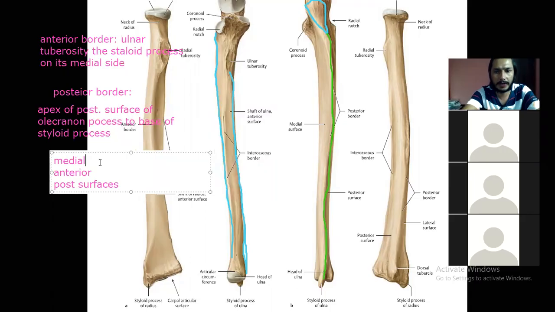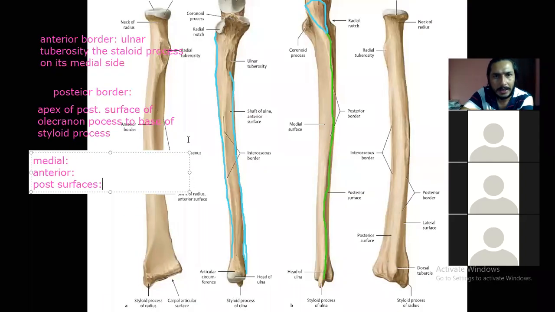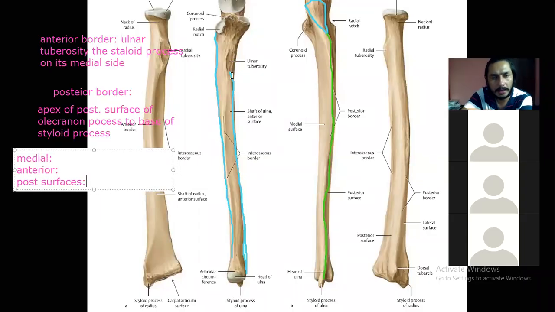Okay, the medial surface, anterior surface, and the posterior surfaces. So the three surfaces and the three borders of the shaft. Now the medial surface lies between the anterior and the posterior border. You can see the anterior border here, and the posterior border is here.